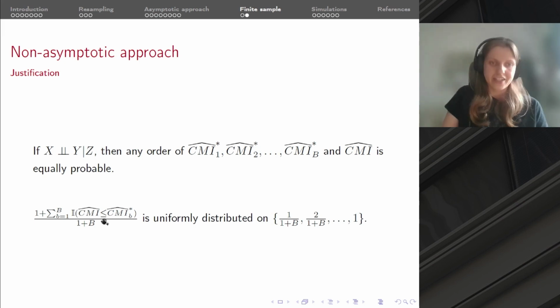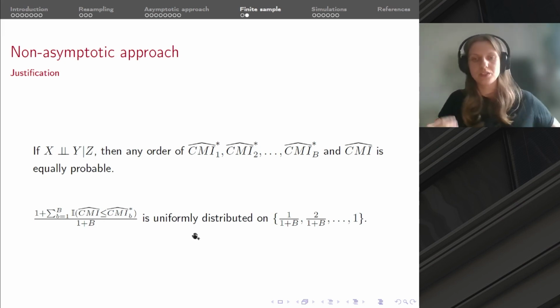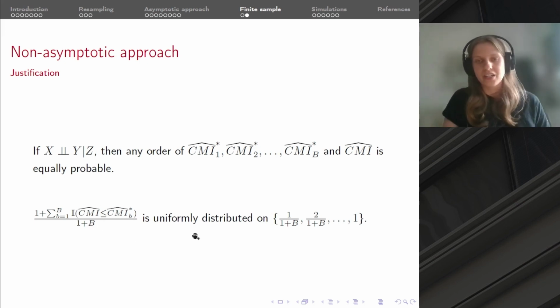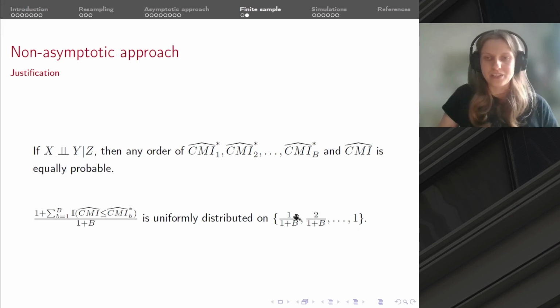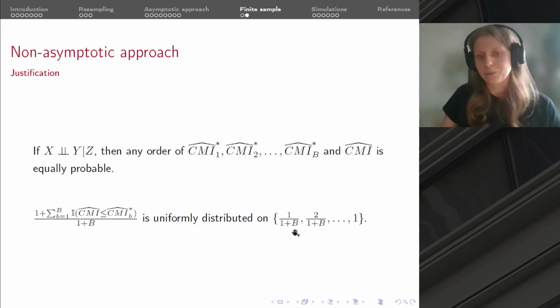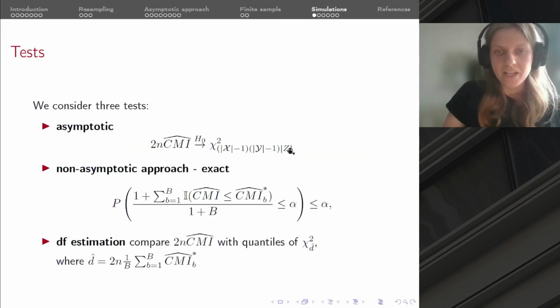So that p-value is uniformly distributed on the discrete set that is written here from 0 to 1, in fact, but it is discrete because of the number of resampled samples p.